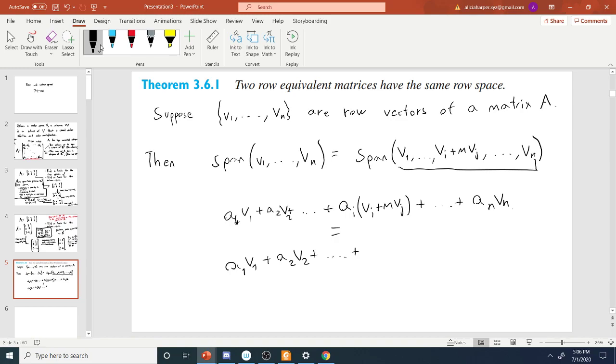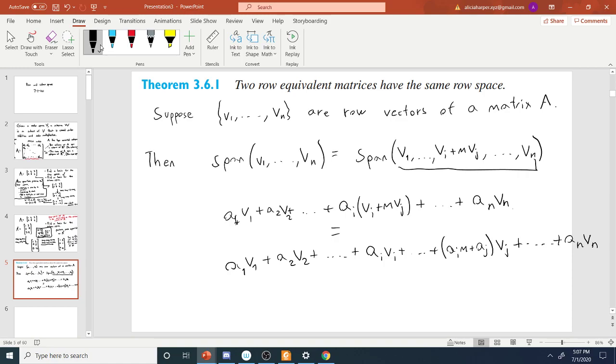I'm going to keep the Ai next to the Vi, but then distribute this term over to the vector involving Vj in the sum. So I'll have Ai times Vi, and so on, plus (Ai M plus Aj) times Vj, and so on, plus An times Vn.